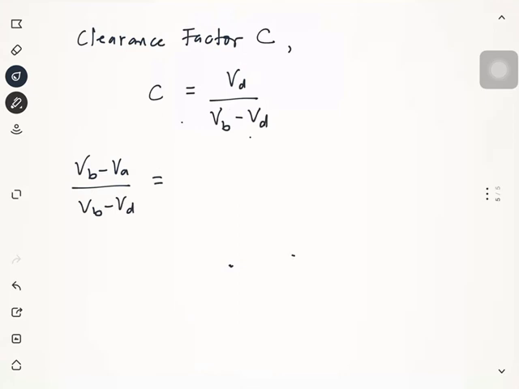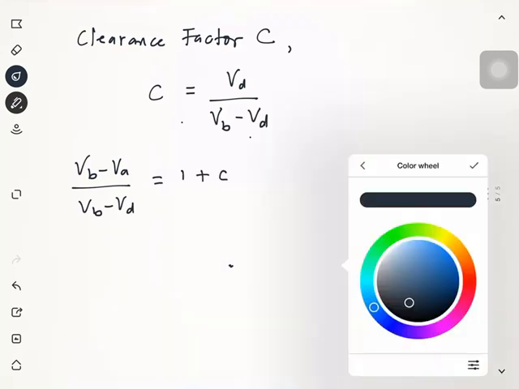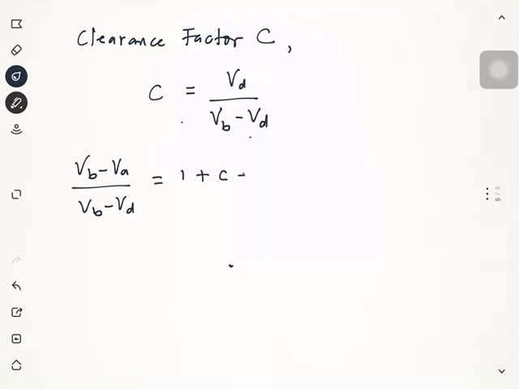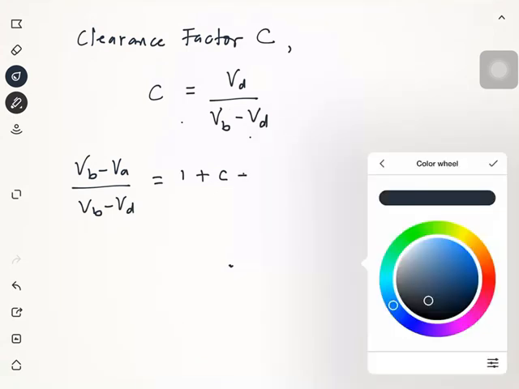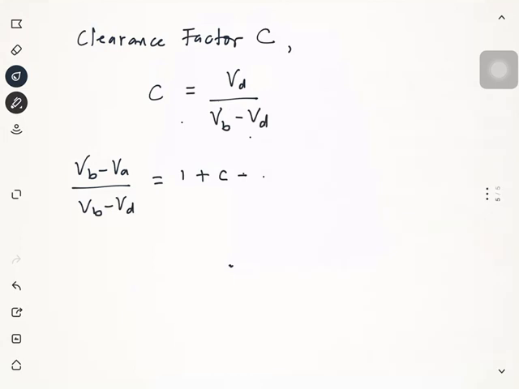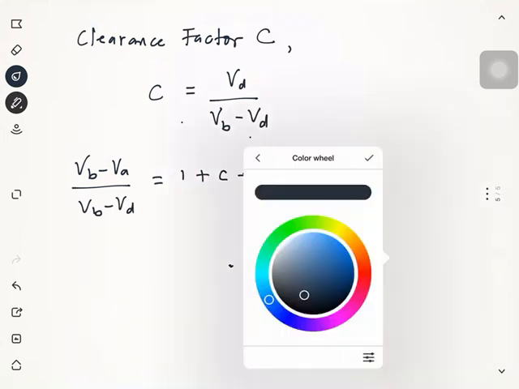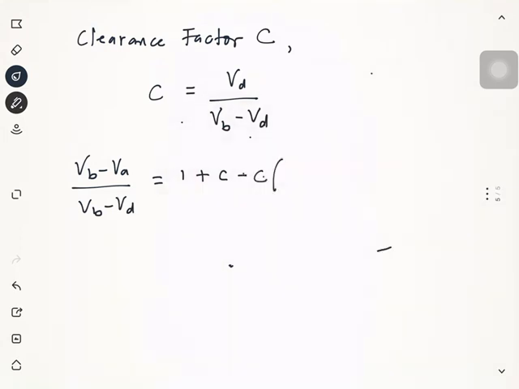This is equal to 1 plus C minus C times PC over PB raised to the power of 1 over N.